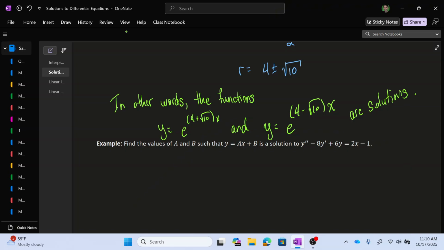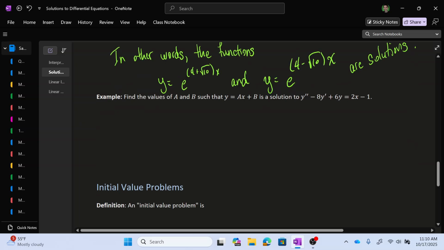So this is how it will often happen. We'll have a template for the solutions, and we just need to plug that template into our ODE to figure out the values that fill in the template to make the equation true.